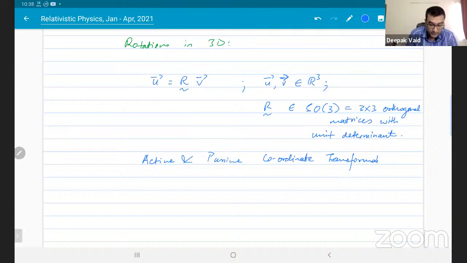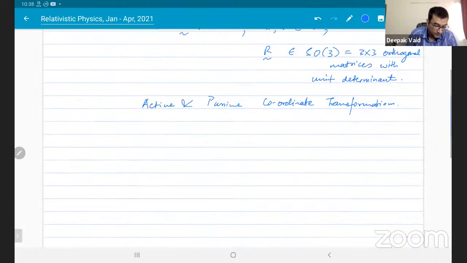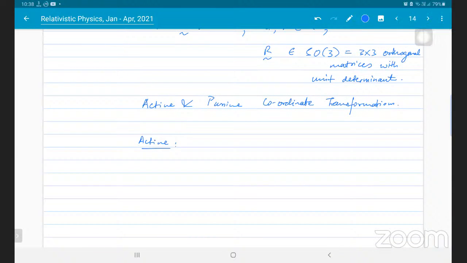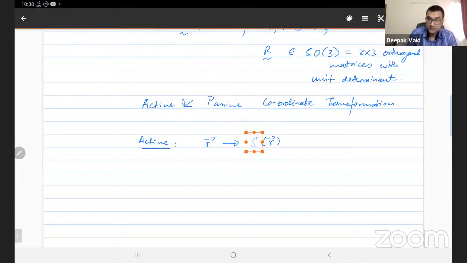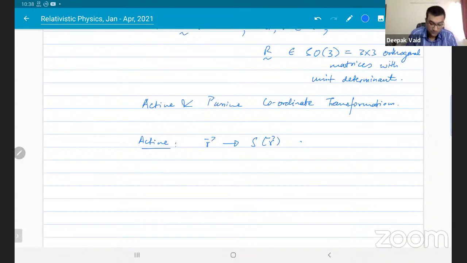So again, if you are not familiar with these terms, what the active transformation means is that when you perform any kind of a transformation on some space, it is the vectors which transform. So you have some vector, it transforms into some other vector under the action of some symmetry transformation, where S is some symmetry transformation, whatever it is.